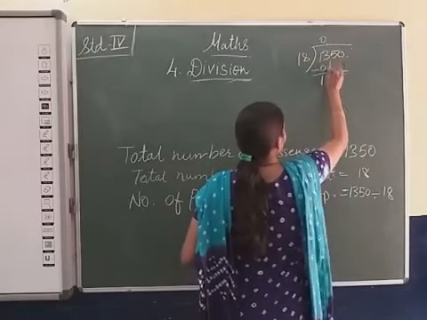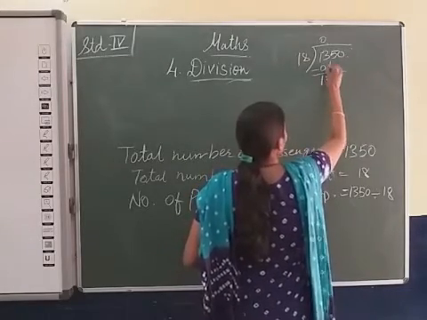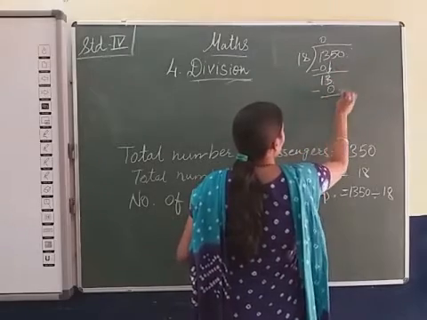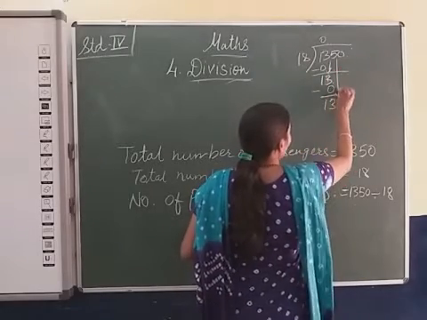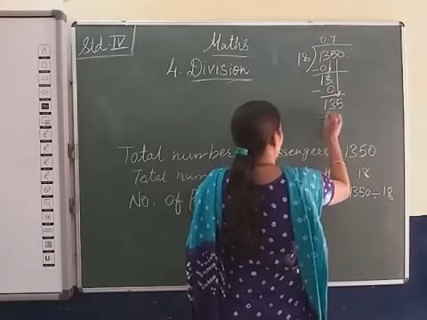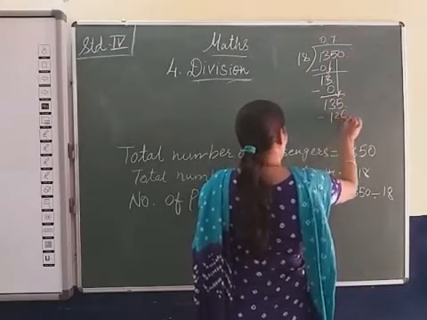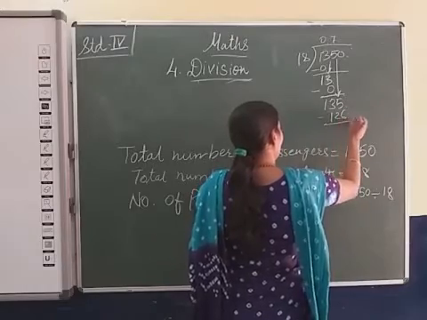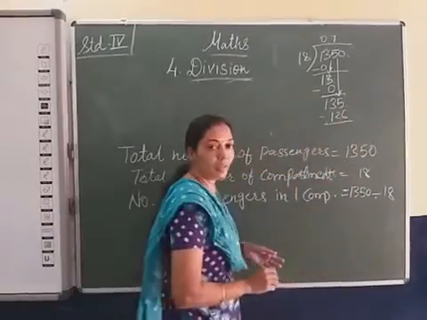We put here 13, 13 we take 5... Now 18 sevens are 126. 126, here the remainder is 9.